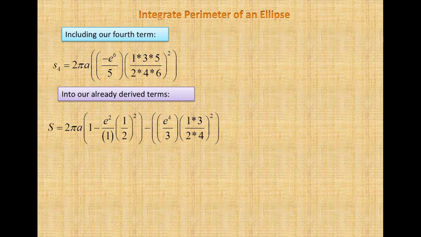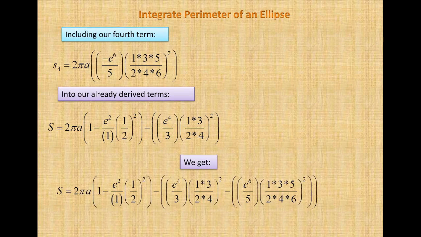Putting in the already derived terms, we get our parameter is equal to 2 pi a, the semi-major axis, times 1 minus e squared over 1 times 1/2 squared minus e to the 4th over 3, and look at the pattern.